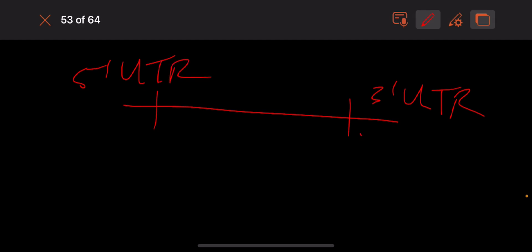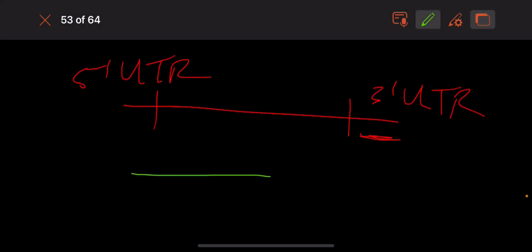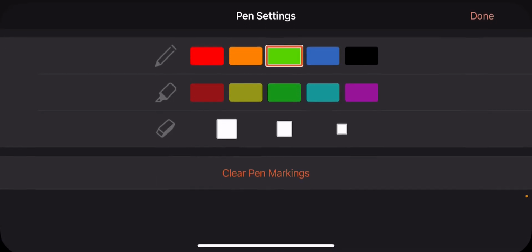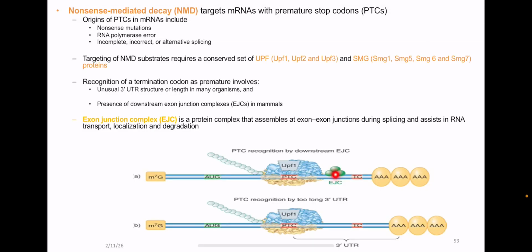So let's say this is the normal length of the 3' UTR, but here lies the case. This particular mRNA was stopped over here, so now you have a longer 3' UTR. Instead of it being from here to here, now you have from here to here. So when they realize the length of the UTR is abnormal, that's one main indication that that particular mRNA might have been prematurely terminated.